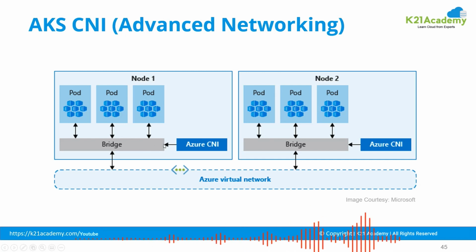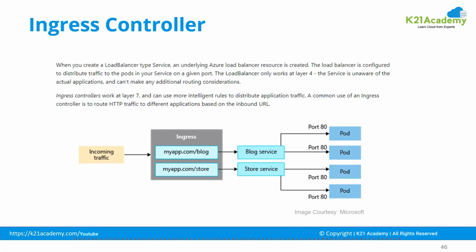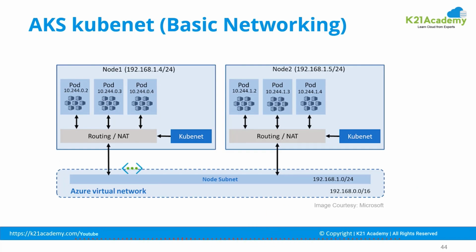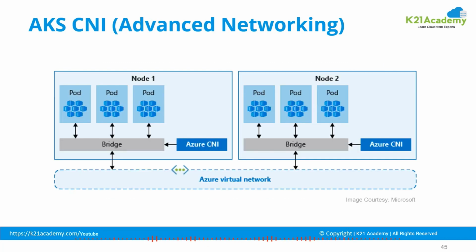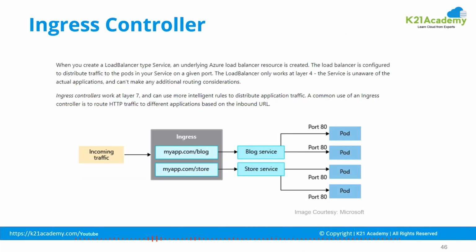So this pod can talk directly to this pod without the need of a bridge kind of network, because these pods are on the same subnet. So that's advanced networking in Microsoft Azure. There are two types of networking you can define in Azure Kubernetes. One is basic networking that uses kubenet, or advanced networking, which uses CNI, the Container Network Interface.